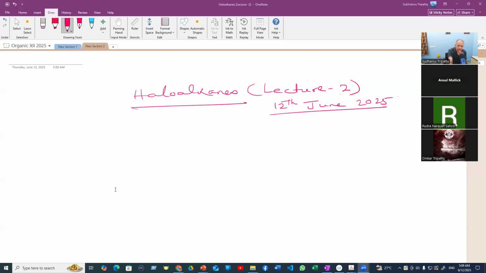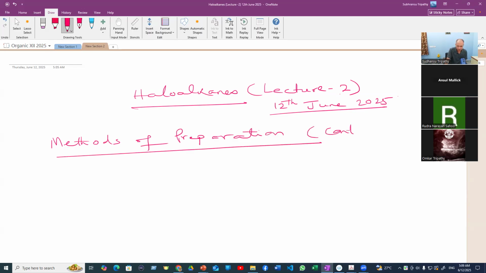We will see today how we prepare haloalkanes by other methods. The third method that we study is from alcohols.